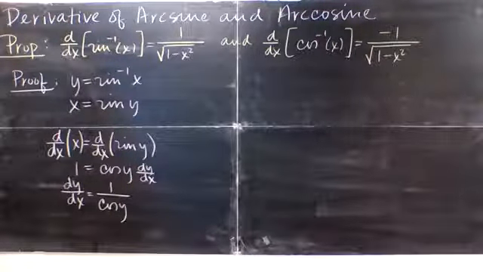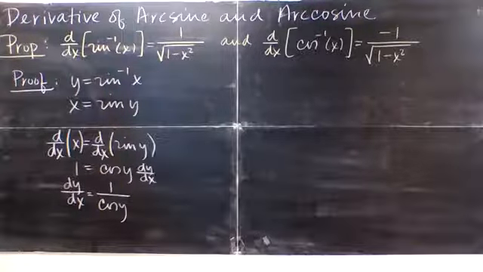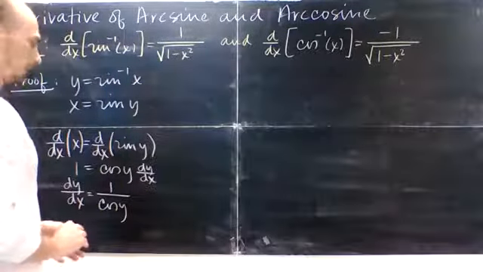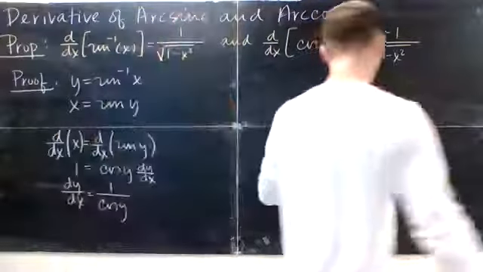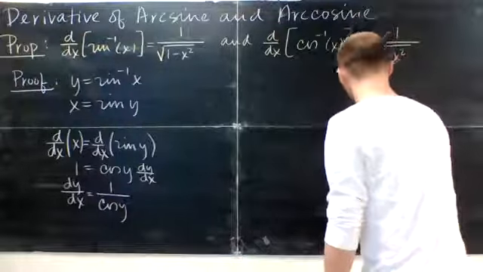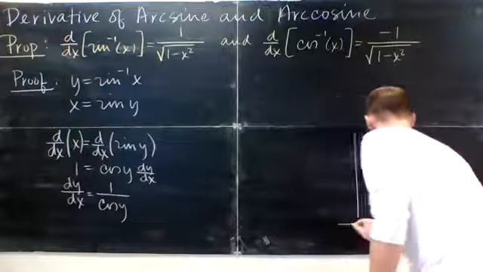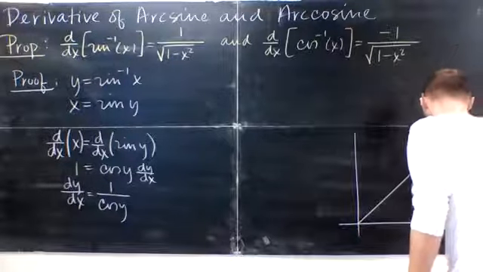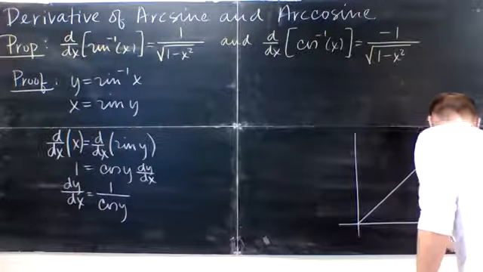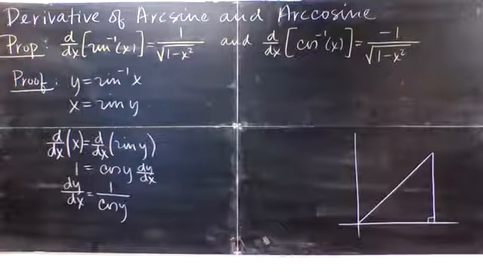Okay. And now what I'm going to do is box myself in here, I'm going to draw a large triangle diagram. It's nice and large for us. All right, here is my triangle diagram.